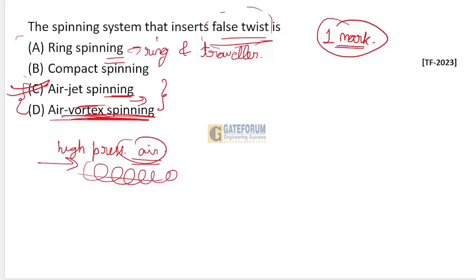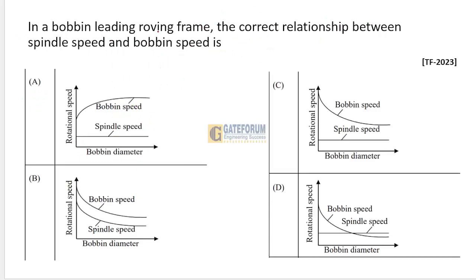These are the types of questions that GATE generally asks. In a bobbin leading roving frame, what is the correct relationship between spindle speed and bobbin speed? Four figures are given: A, B, C and D. If you look at the figures carefully, you have to answer whether the bobbin speed or the spindle speed is higher.